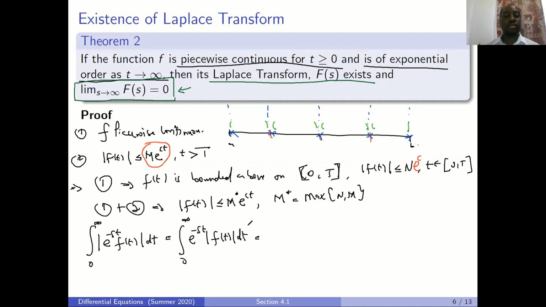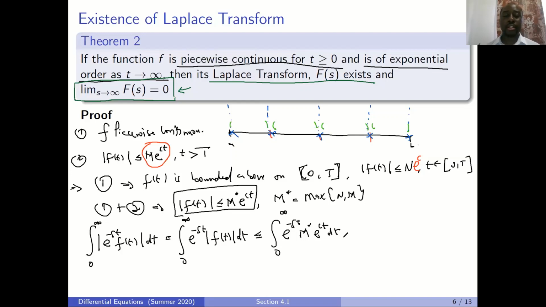Now we've just verified that my function is bounded above by m star e to the ct, and so this integral has to be smaller than or equal to the integral from 0 to infinity of e to the minus st times m star e to the ct dt.